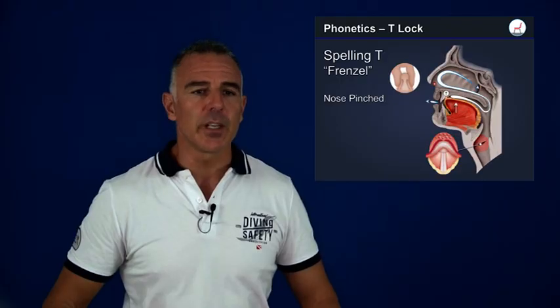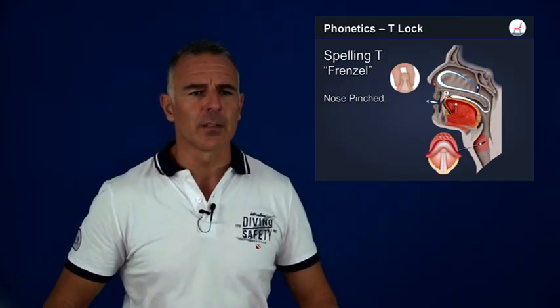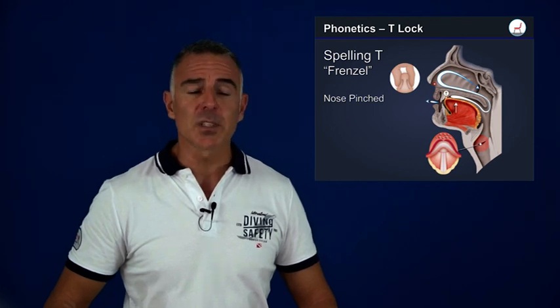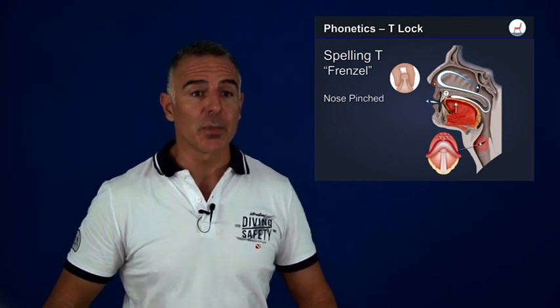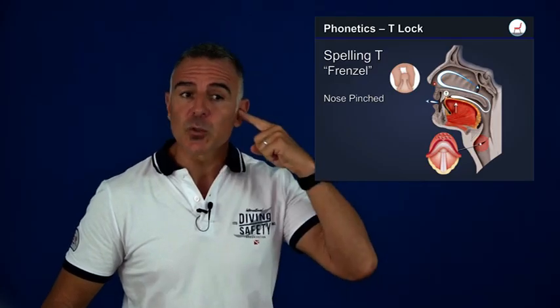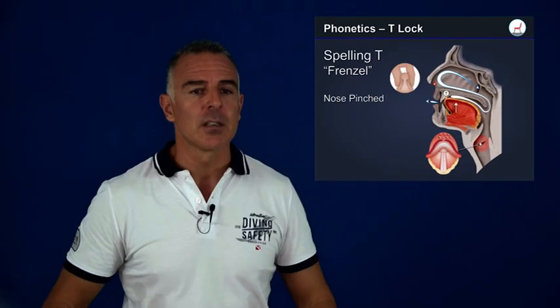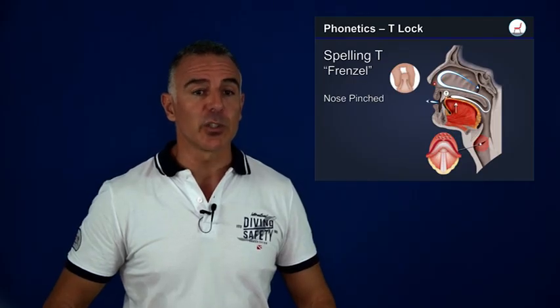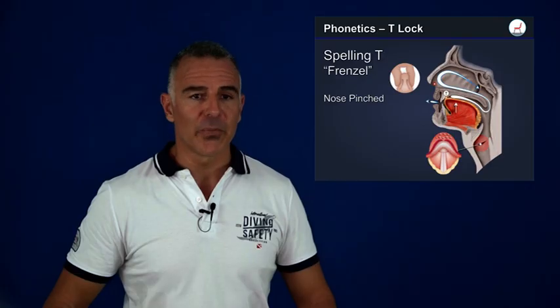The intention to inflate the nostrils probably forces you to open the soft palate, more or less unconsciously. And what happens? Probably, performing the spelling of the T Frenzel with the nose pinched, you also felt the equalization in the middle ears. Because in the moment that you create pressure in the oral cavity with the soft palate open, the same pressure is created also in the nasal cavity. And this pressure is enough to open the tubes and feel the equalization in the middle ears.